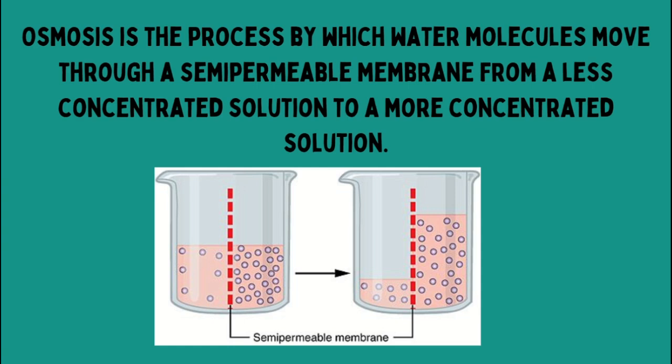Semi-permeable means that some stuff gets across. It's the same concept, high concentration to low concentration, because the goal is always to have the molecules evenly distributed at the end of the day.